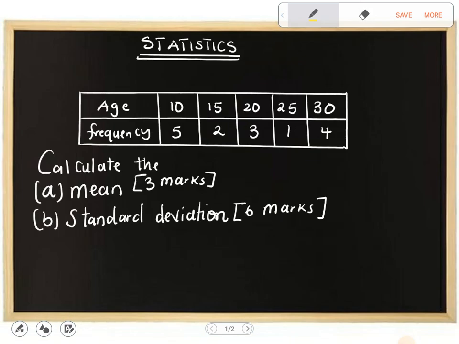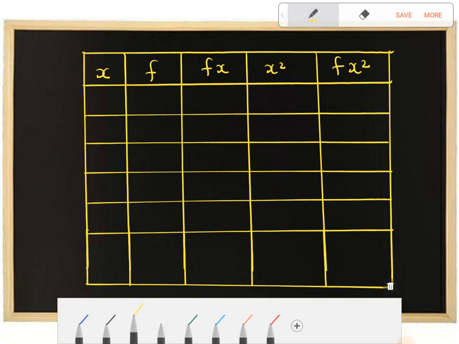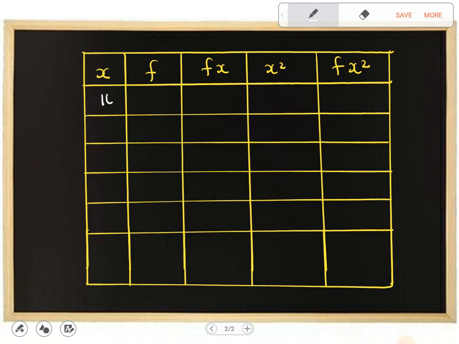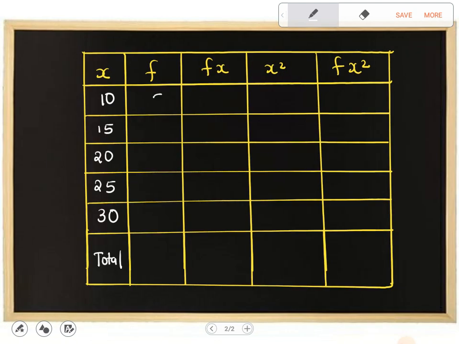This is our x: 10, 15, 20, 25, 30. Then here we are going to get the total. Then f is the frequency: 5, 2, 3, 1 and 4.